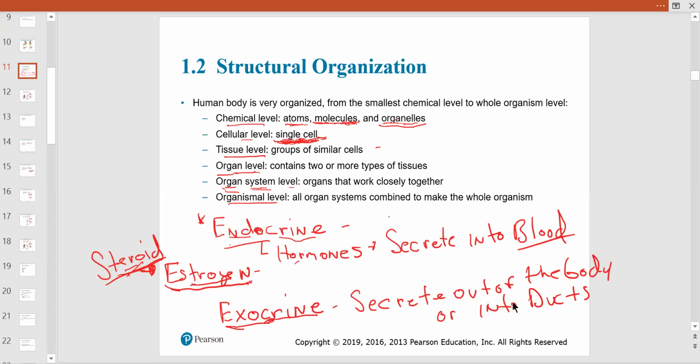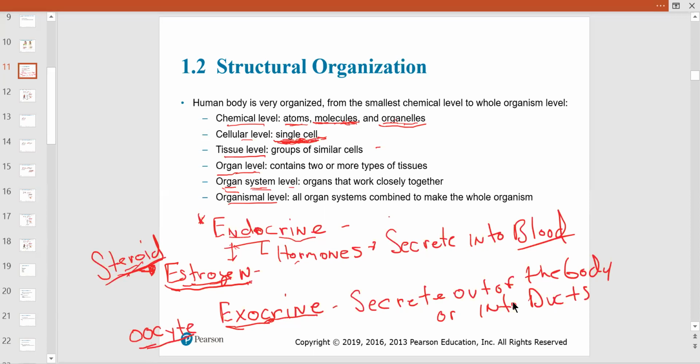Progesterone too, and testosterone, which is secreted by your male testes. So estrogen is part of the endocrine system. Now, what's the female egg called? Anybody know that? It's always two O's, like oocyte. Right? That's the egg.